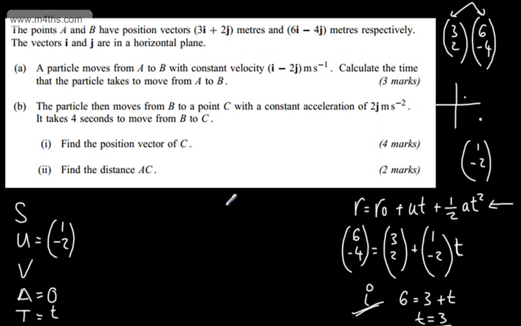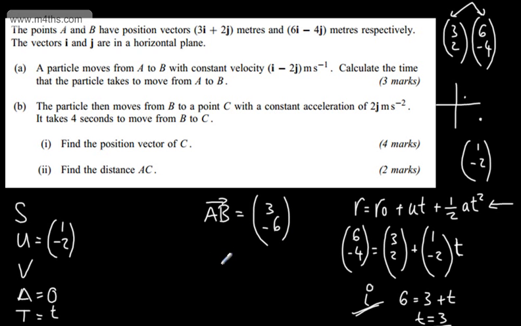Another approach for that one is to find the vector AB. So the vector AB is b minus a. So if we think about this now, 6 minus 3 is going to give us 3. And then we've got negative 4, and we're going to subtract 2, that's negative 6.